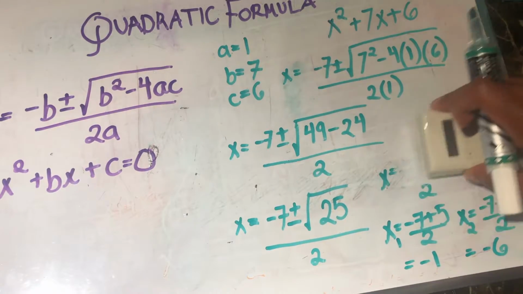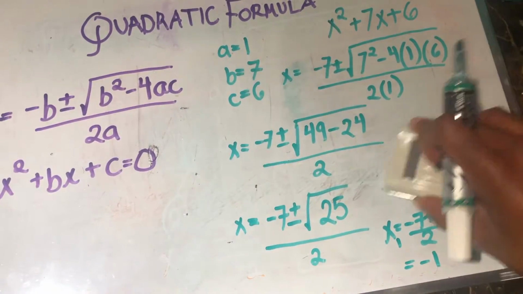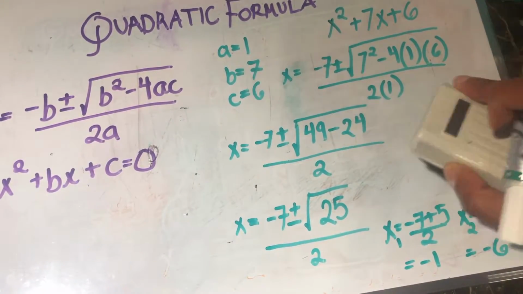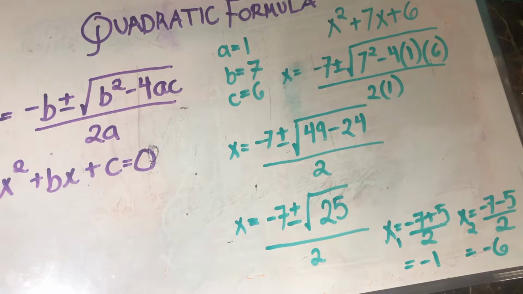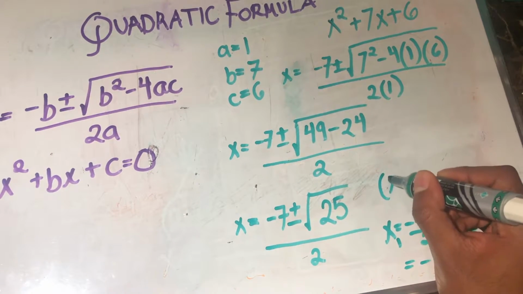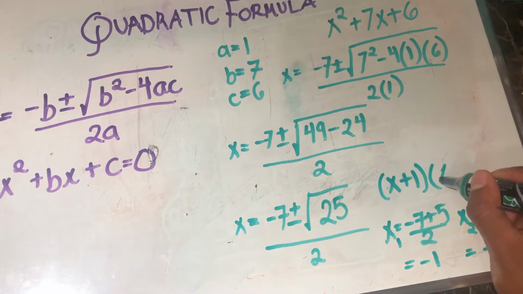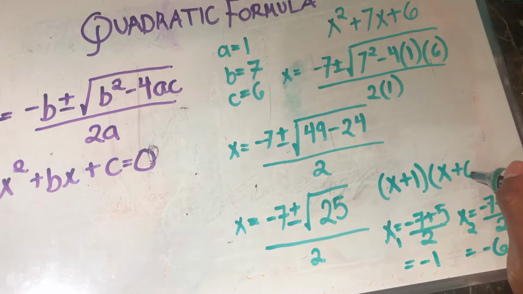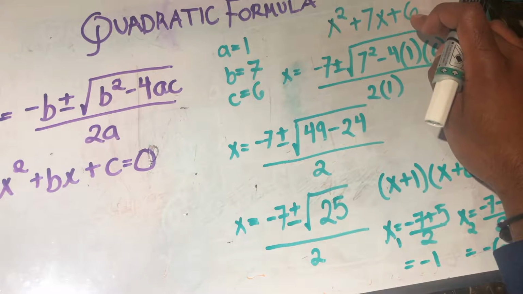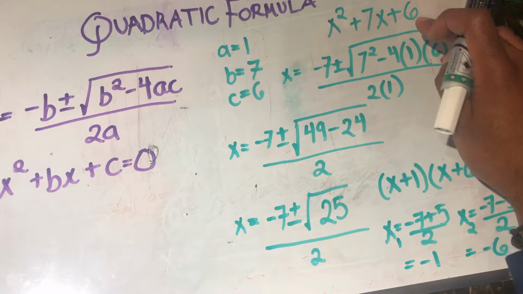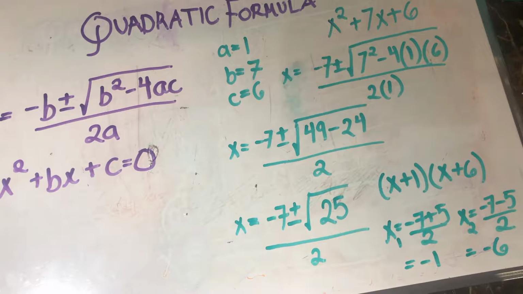Let me make some space here. So this means that x plus 1 times x plus 6 is going to produce the equation that we started with here, which was x squared plus 7x plus 6.